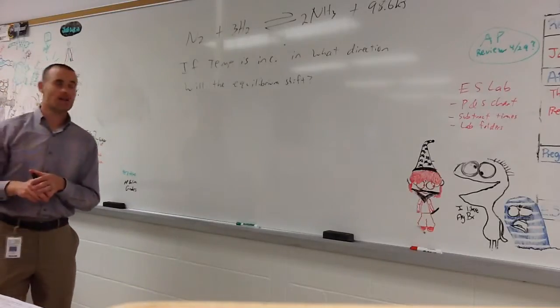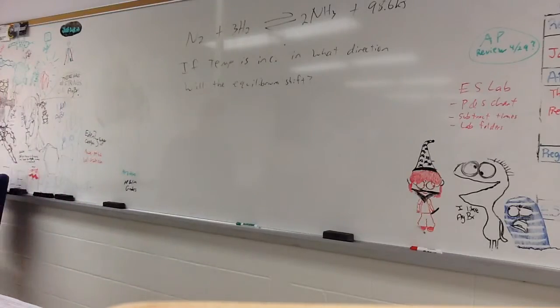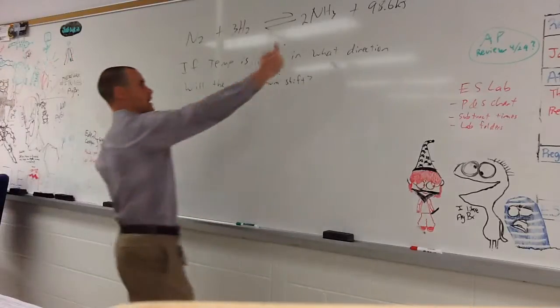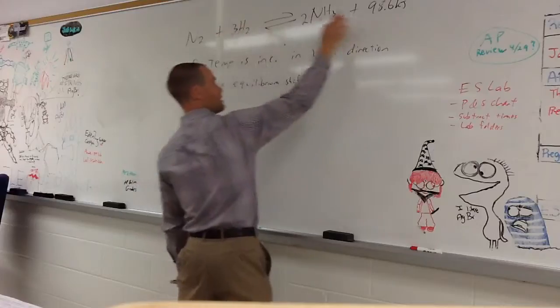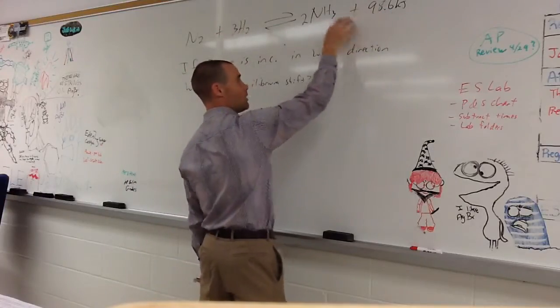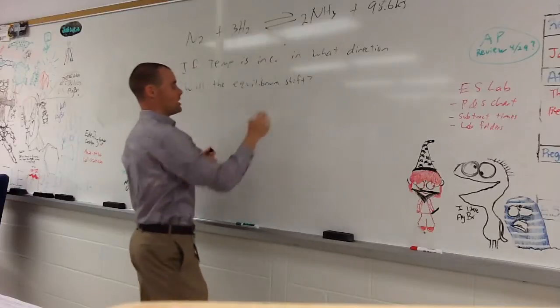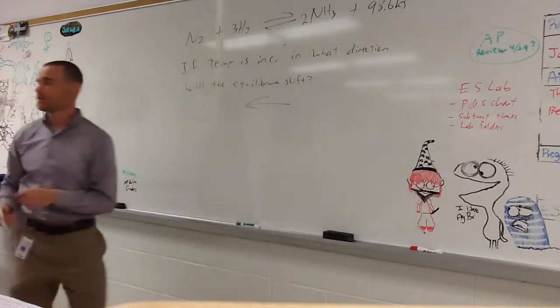So the way she taught it, she explained it, was when you increase temp, it favors the endothermic. What direction is the endothermic? This way. That's endothermic because then the energy would be over here with the reactants if we're going this direction. So we shift to the left.